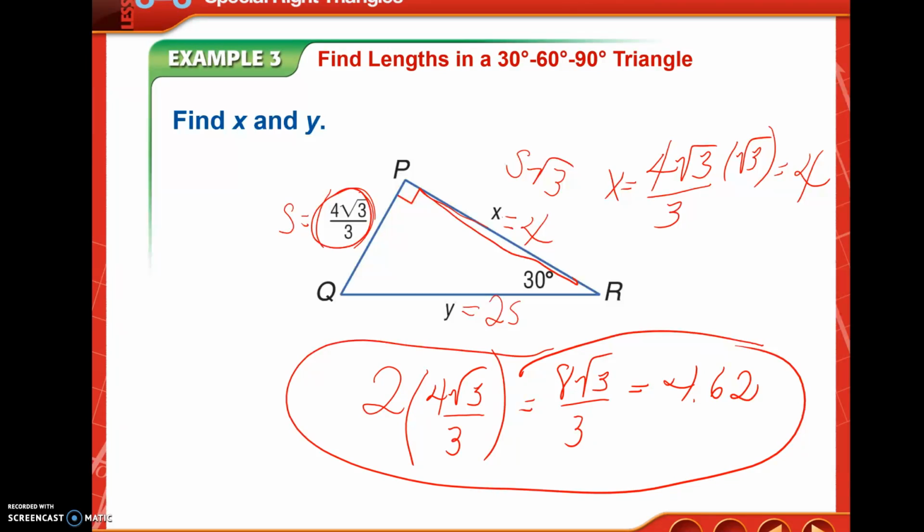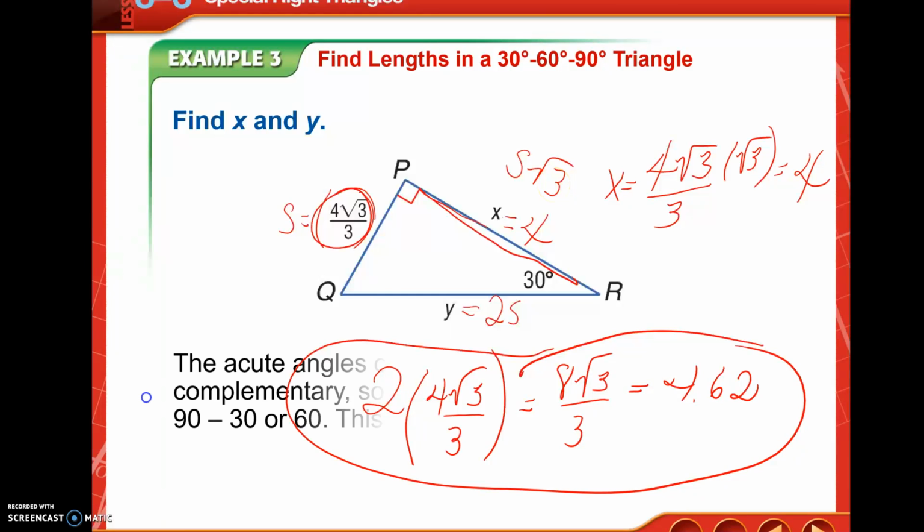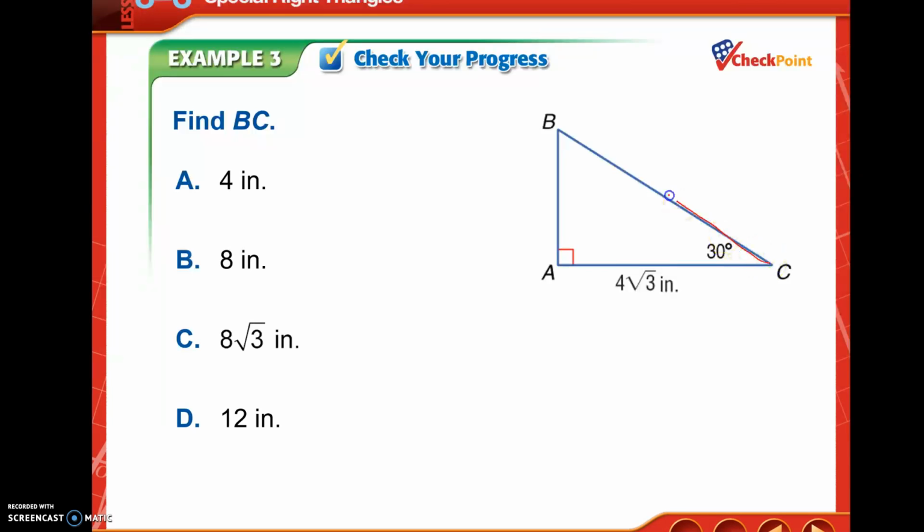So if you don't have the short side, then you're going to go opposite. So here we multiplied to get these other two sides. So if we don't have the short side, we're going to divide by either square root of 3 or 2. So here we're finding BC, and we were given the longer leg. So we know that they took the short side times the square root of 3 to get 4 square root of 3.